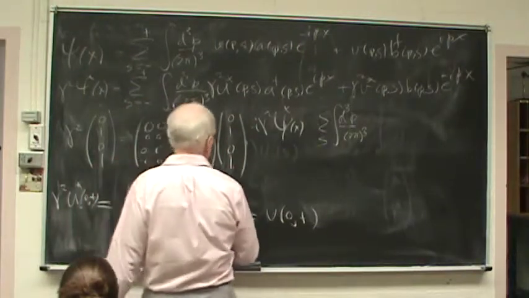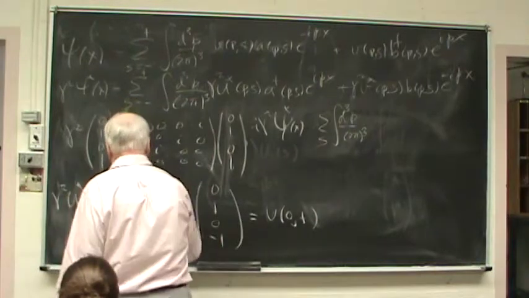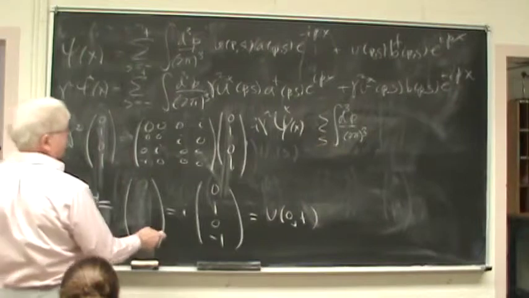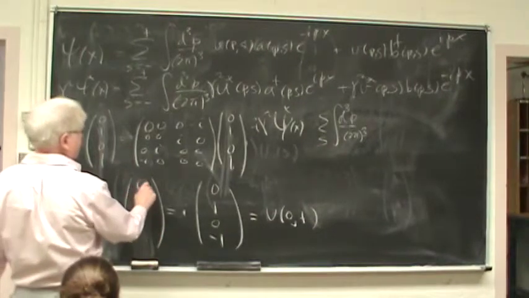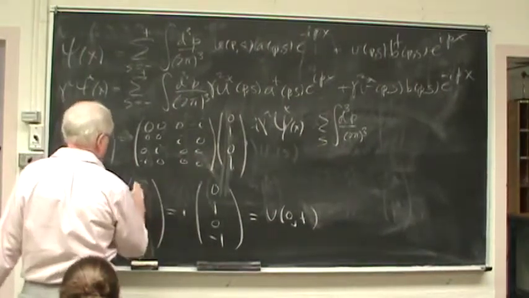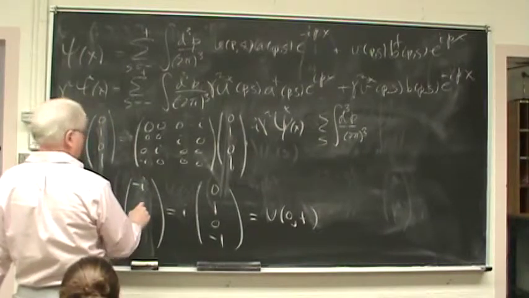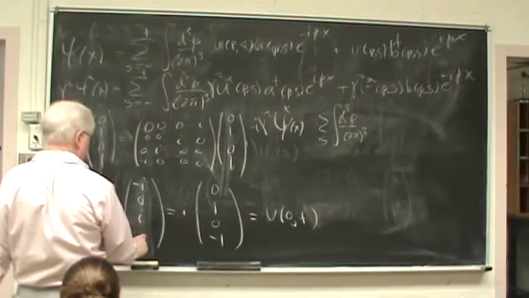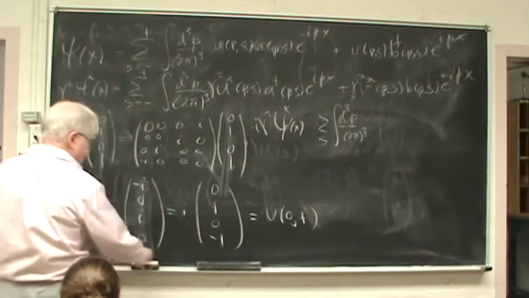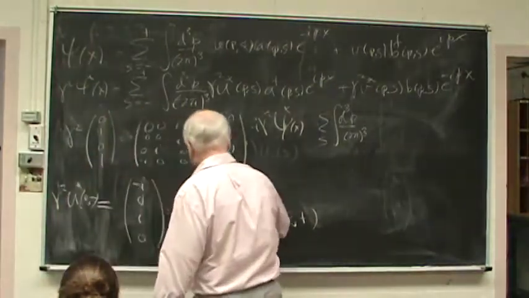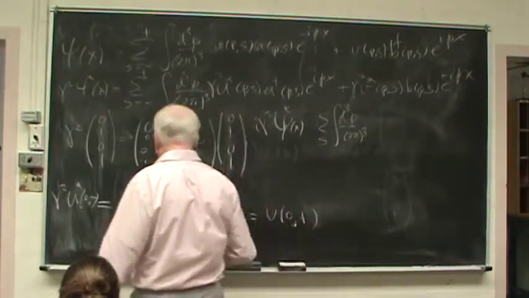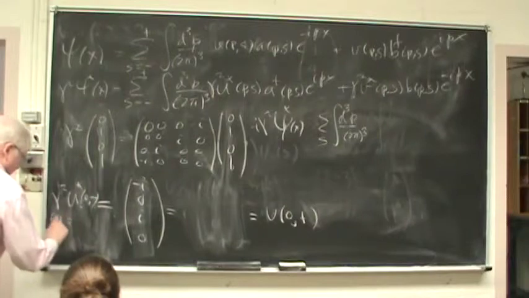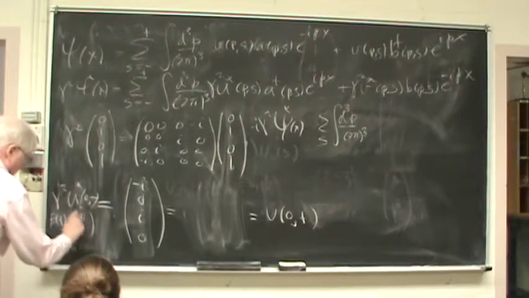All right. And now what we'll get is 0. No, not 0. We get minus i. And the next one is 0. And the one after that is i, and then 0. And what is that? Well, that one, remember, let's just do this. Beta plus is 0, 1.